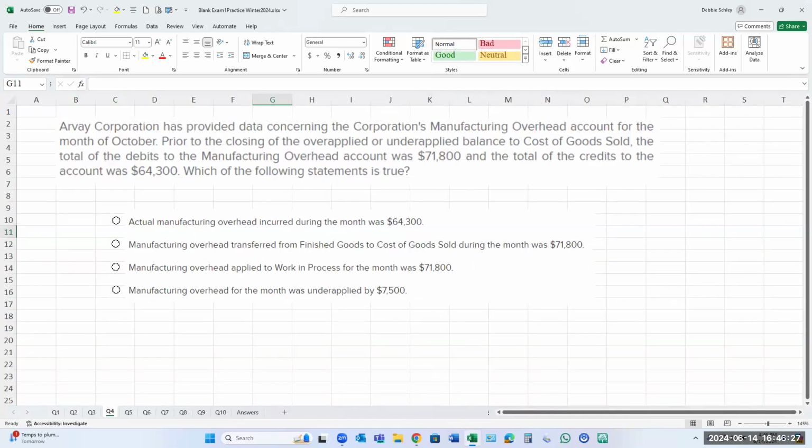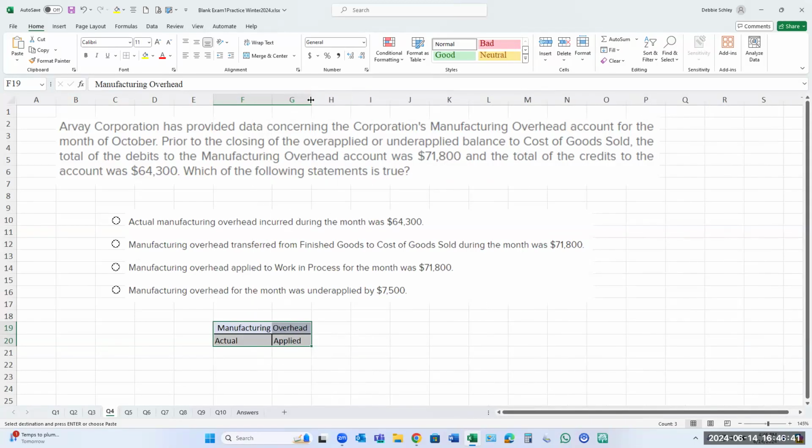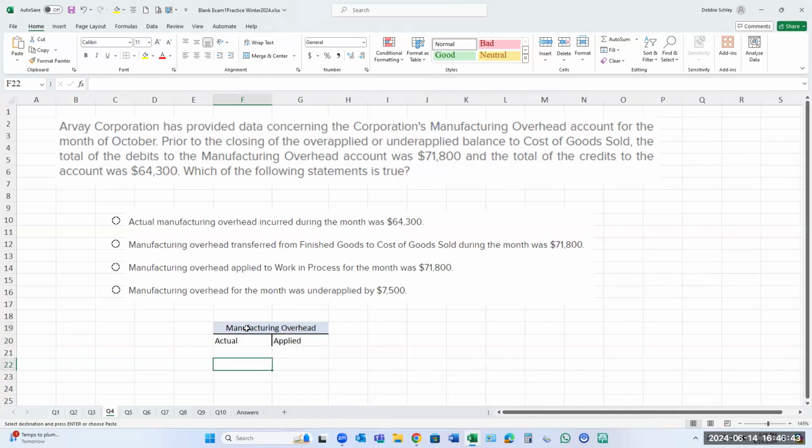All right, question 4. So the best way for me to look through this is to remember in manufacturing overhead, actual numbers are the debits and applied numbers are the credits. Okay. Arvey Corporation has provided data concerning the corporation's manufacturing overhead account for the month of October prior to the closing of the overapplied or underapplied balance to cost of goods sold.